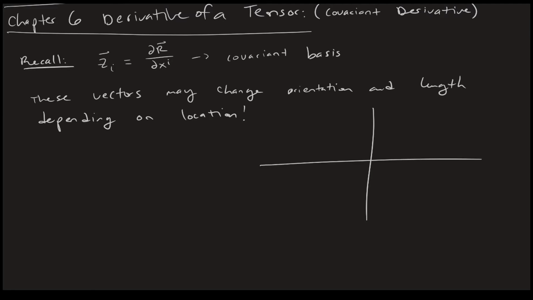And we looked at this with E_r and E_theta. E_r points away radially from the origin.